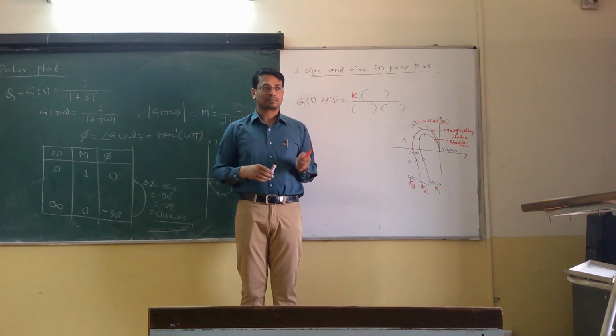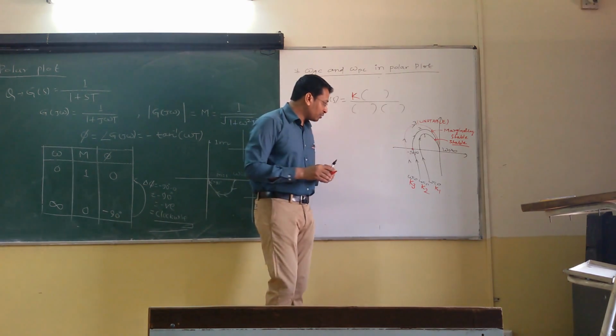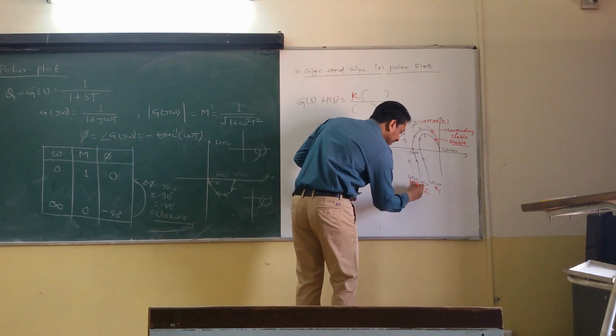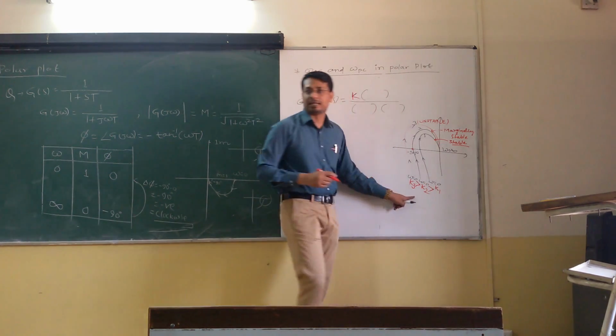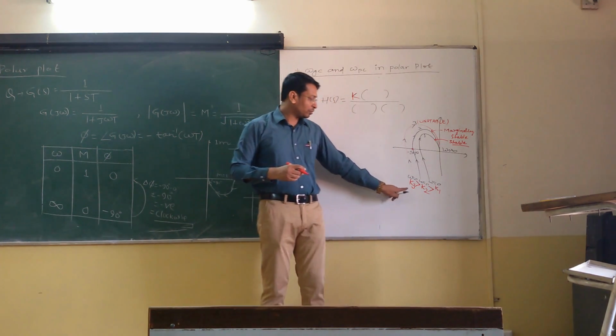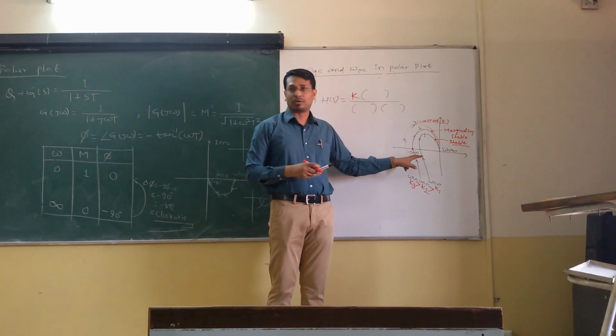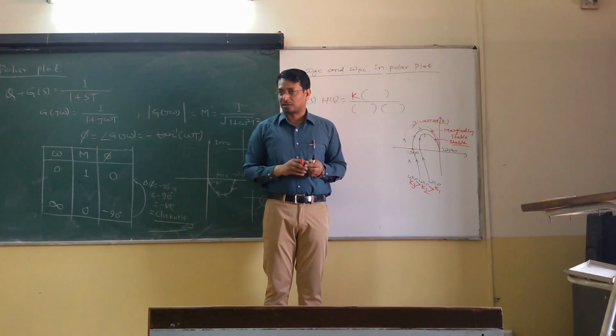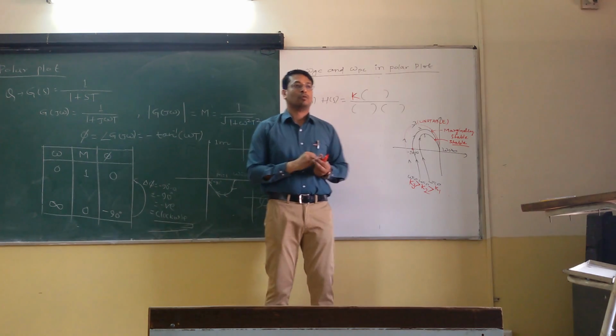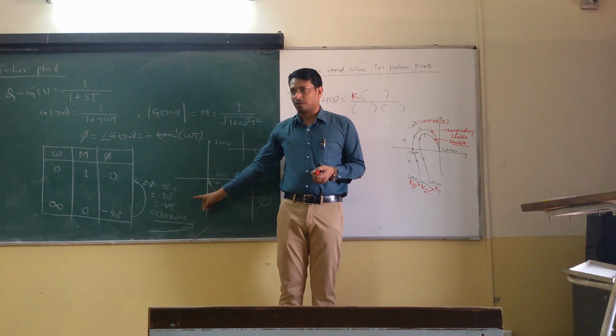Can you say that K3 is greater than K2, greater than K1? Why? Because you know that with increasing gain K, your system tends towards the verge of instability. Correct?